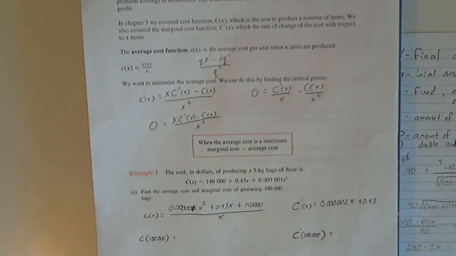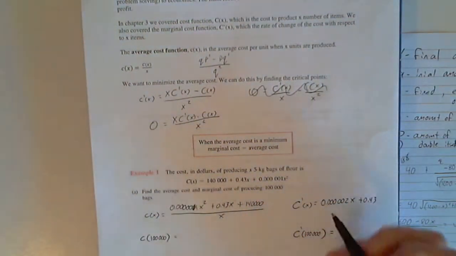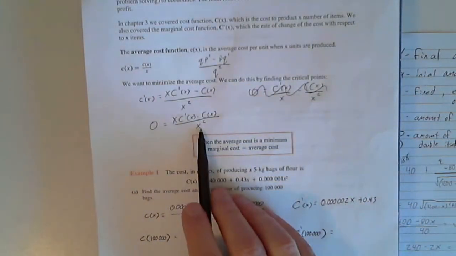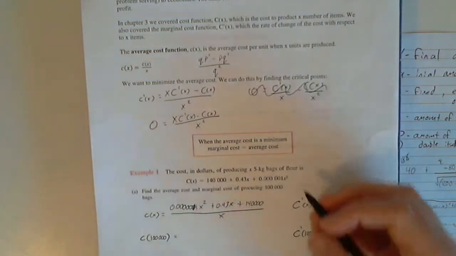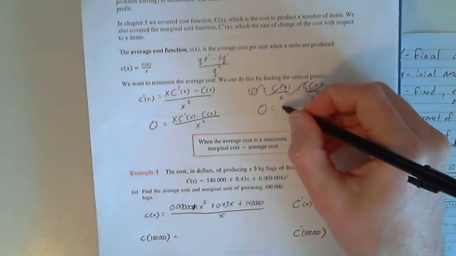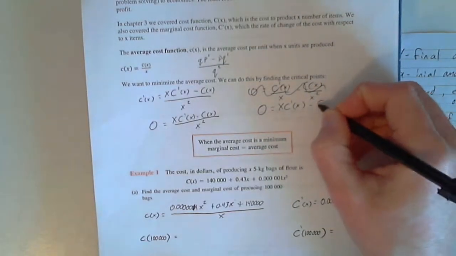Maybe we wanted to move the x to the other side. Oh, yeah. Sorry, I did that wrong. We want to multiply it to the other side. That's obviously what we want to do. So we multiply both sides by x squared, and it actually disappears. 0 times x squared is just 0. So we end up with 0 equals x times C prime of x minus C of x.